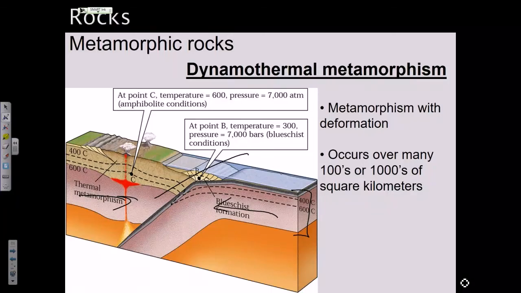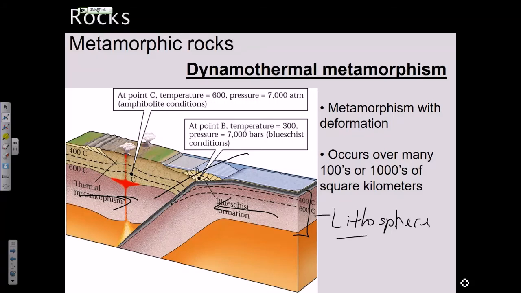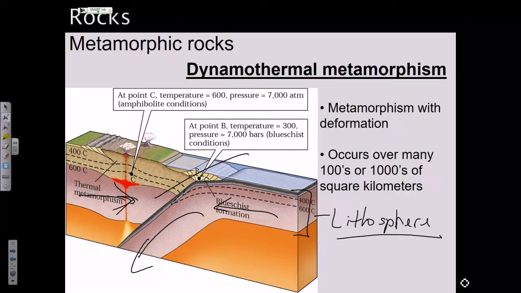This segment of the crust here, we call the lithosphere. I'm going to write that word here. The lithosphere is being pushed down into the Earth's interior at this convergent boundary, and the other plate that's also got the lithosphere here is staying up high at the Earth's surface.